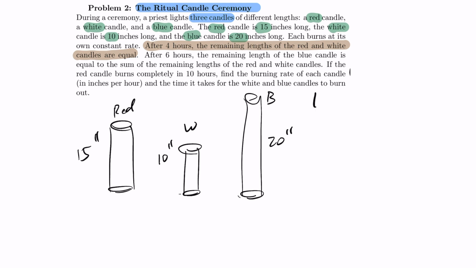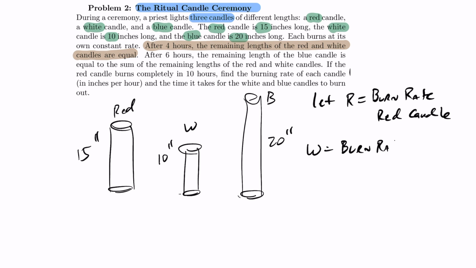To start this off, I'm going to let R equal the burn rate of our red candle. And then we're going to do the same for W and B, so burn rate.